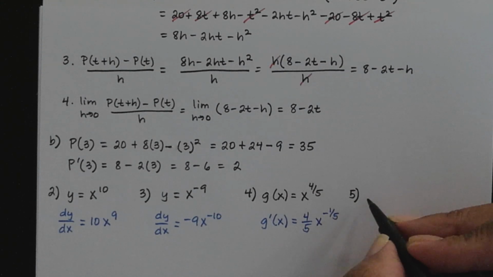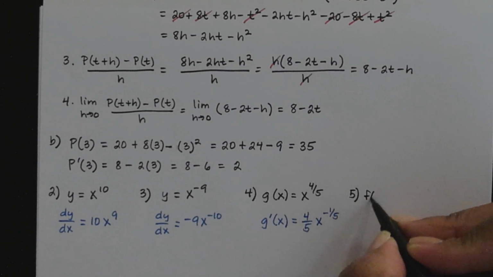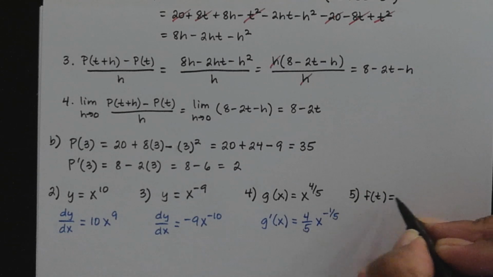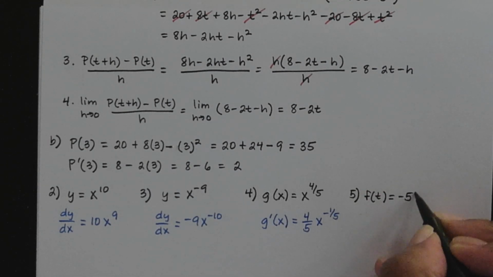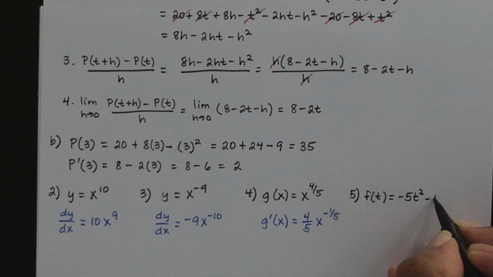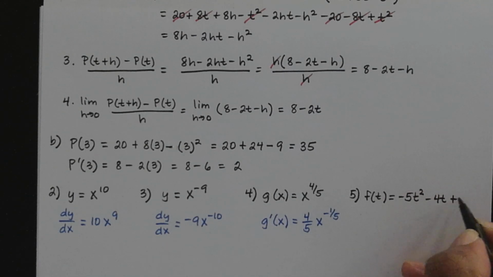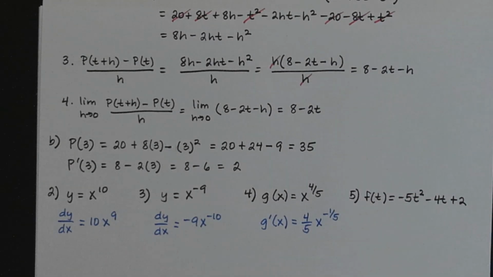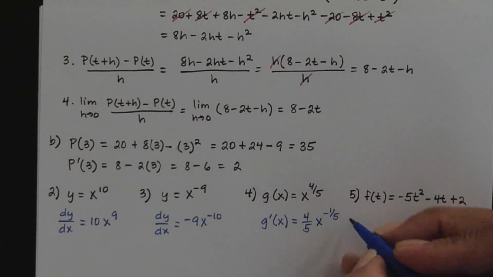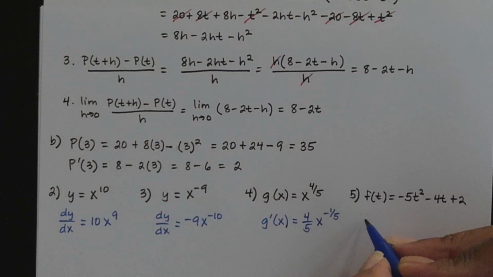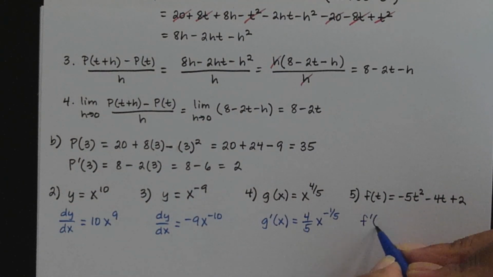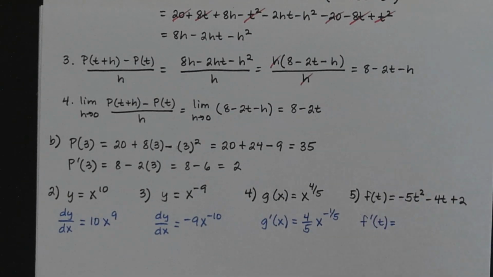Let's see, number 5, here we got a polynomial function. Let's say f of t is equal to negative 5t squared minus 4t plus 2. And we want f prime of t.